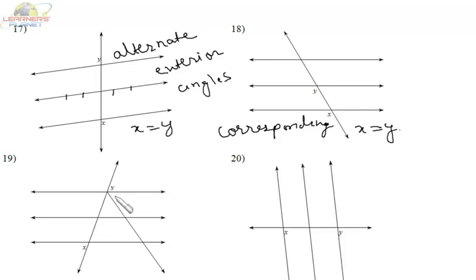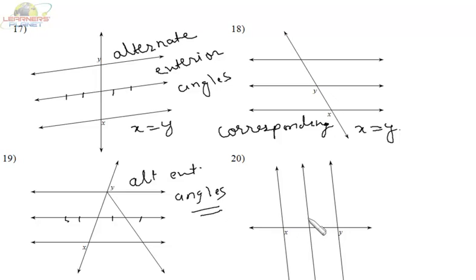Here we see x and y, both of them are lying on the opposite side of this transversal. We skip this line. Okay, so further they are alternate exterior angles since they are lying on the opposite side and they are lying on the exterior of parallel lines. So further these are alternate exterior angles.